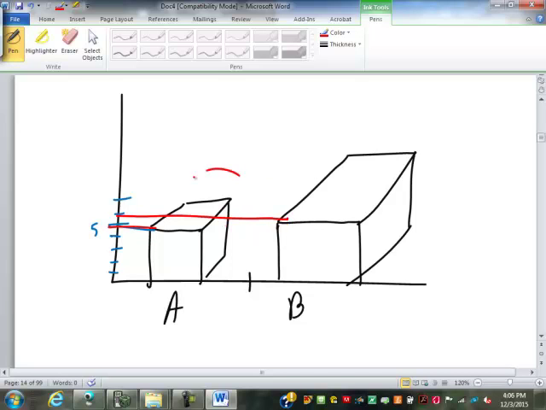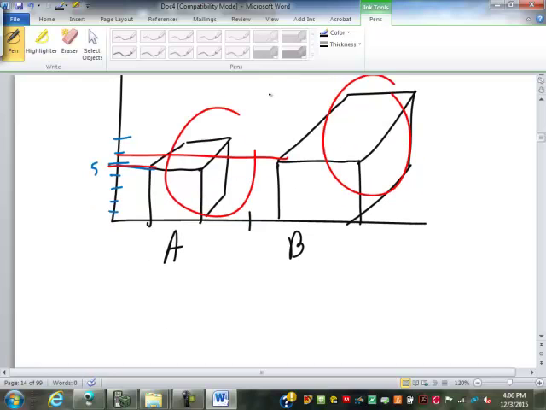But because of this three-dimensional aspect to it, that difference is magnified and distorted to make B look like it's a lot more. Well, it's just a little bit more. If you're working in Excel, you have 3D column charts. They look really pretty, very deceiving.